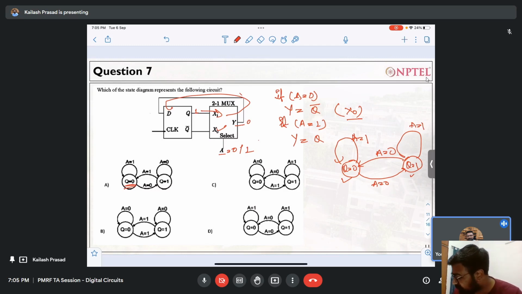This graph, whatever I have made, not a very good looking graph, but yeah, which of the options is correct, students? Yeah, it's D, right? Did you guys understand how I have approached the problem?